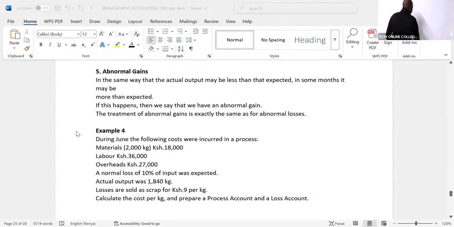So we have here the throughput account is over. So we have a process account. We have description, units, cost per unit, value.